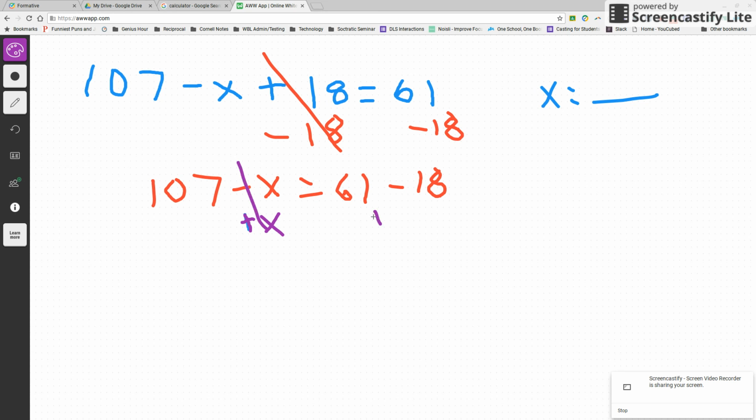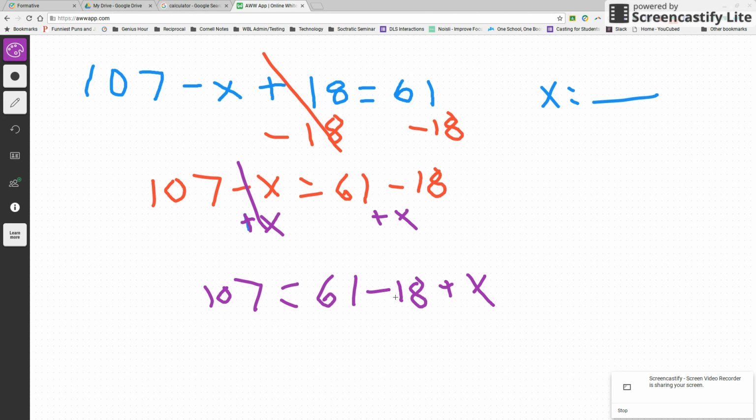Boom. I add x to this side. So if I take a look at my equation, I've got 107 equals 61 minus 18 plus x.